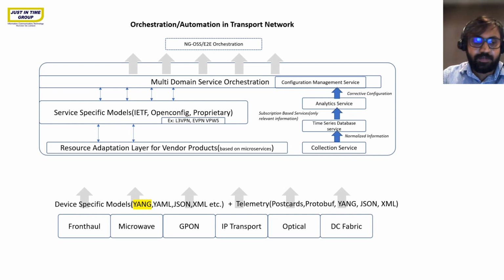You can specify the network configuration of a network equipment using YAML or YANG or something like that, and then you should be able to do the network automation based on that. There are device-specific YANG models and also service-level YANG models defined by different industry organizations.